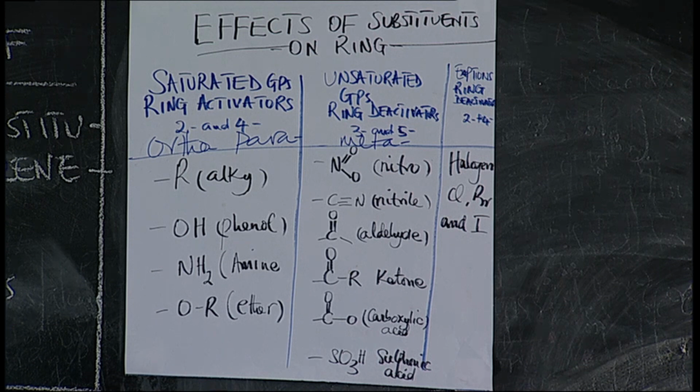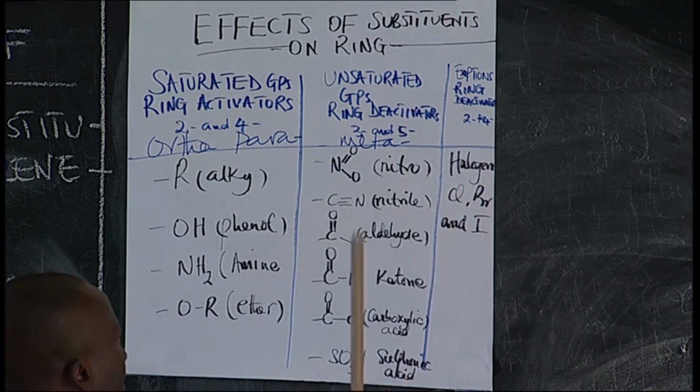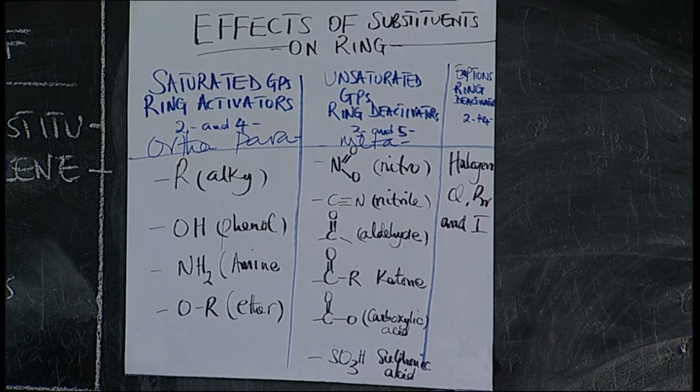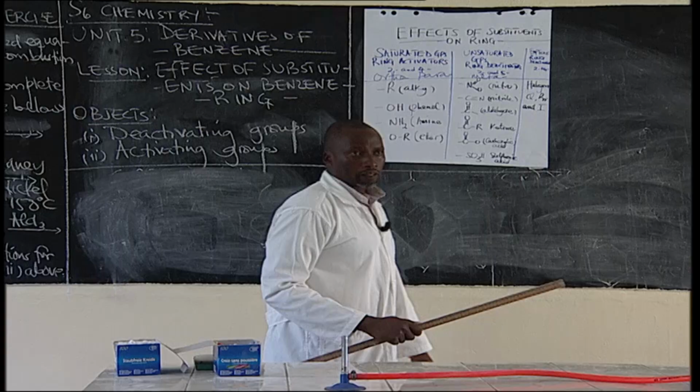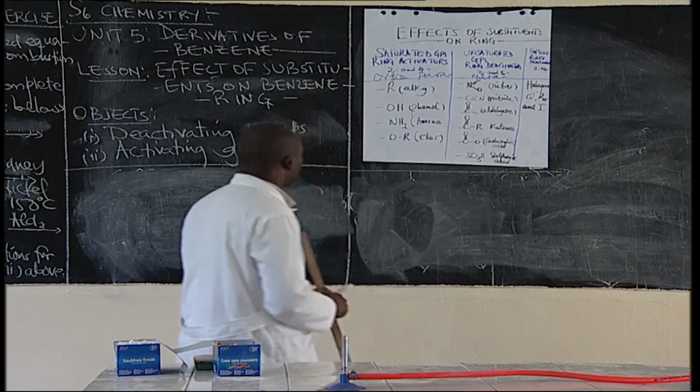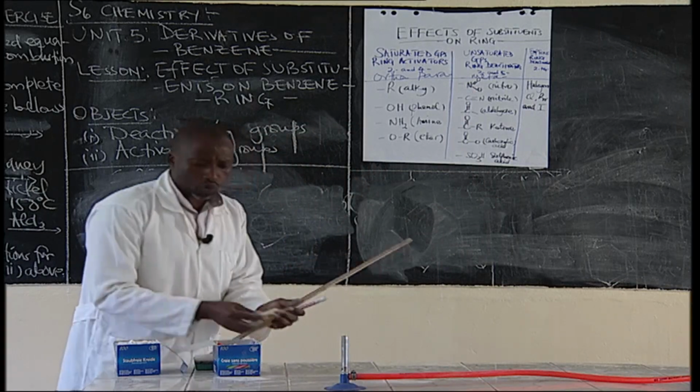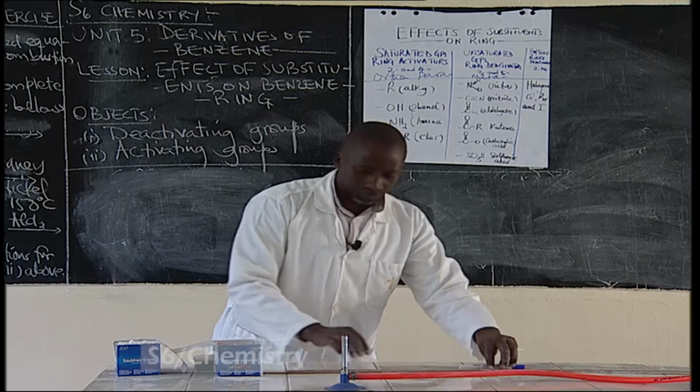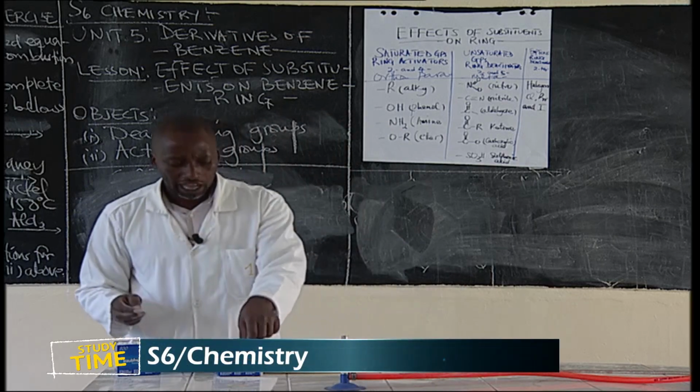Remember that. But halogens are exceptions. They deactivate the ring, but still direct the incoming substituents to position 2 and 4. So you should take that down, you shouldn't forget. So what do we mean by deactivating? What do we mean by activating?